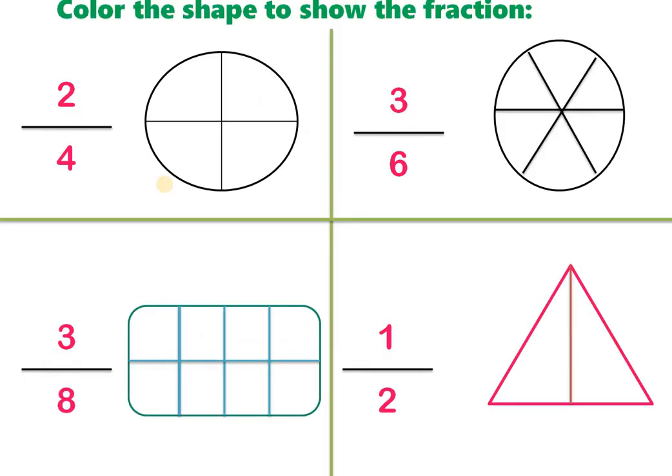What if I ask you to color the shape to show the fraction? So let's see the first circle here. Here we have 4 parts altogether. And how many parts do we have to color? We have to color 2 parts out of 4.